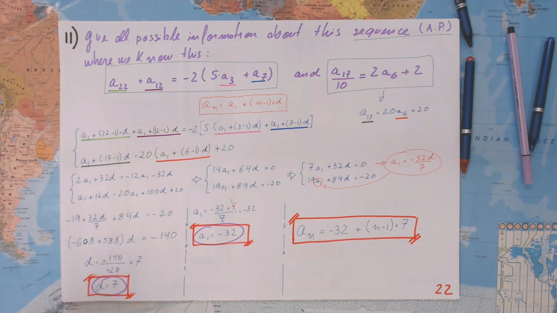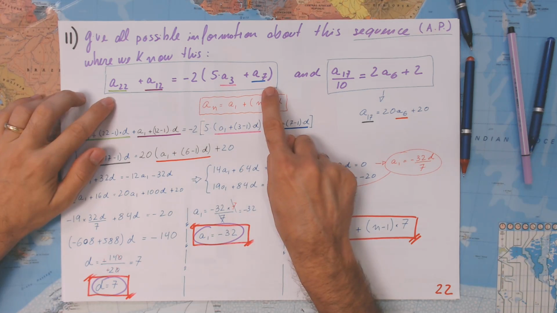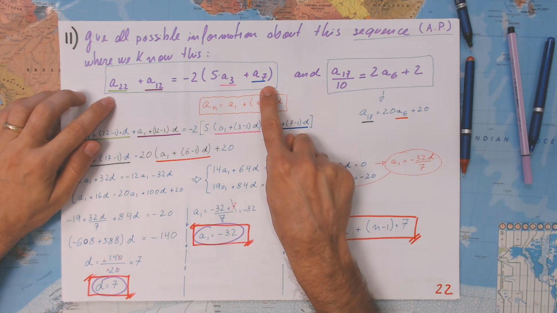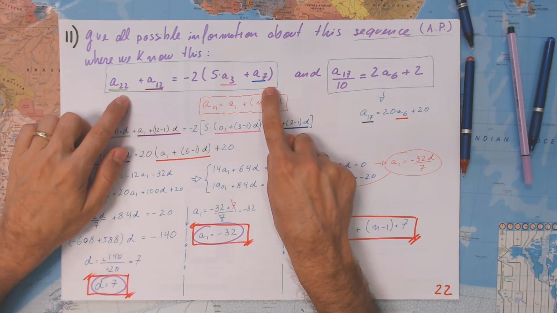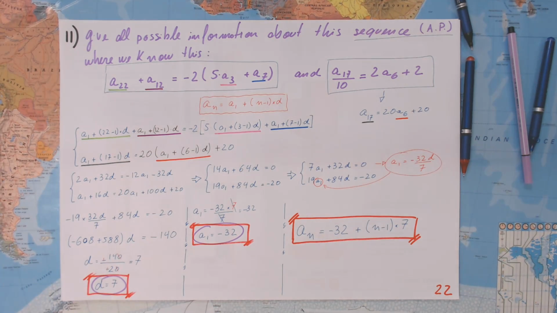And in the end, you just have to do this. If you're given a bunch of terms for this sequence, all you have to do is transform everything into A1s and Ds, nothing else. Okay? I just hope you have enjoyed it. Thank you very much. See you at page 23.